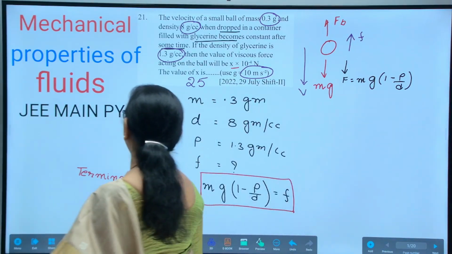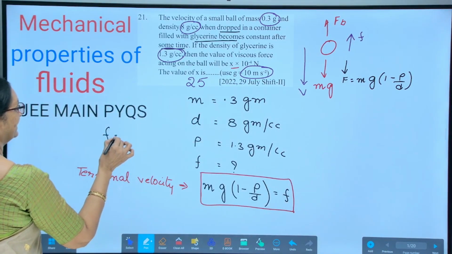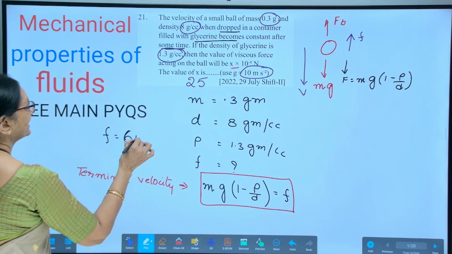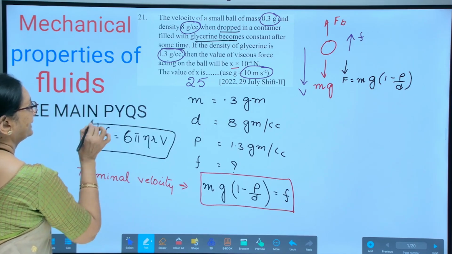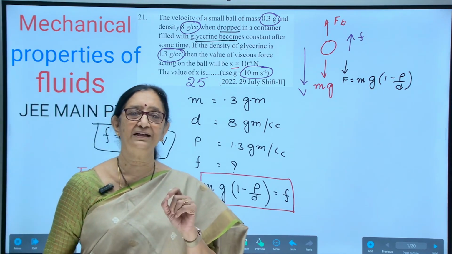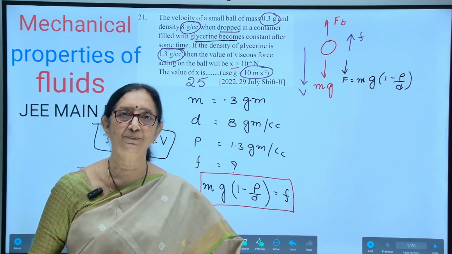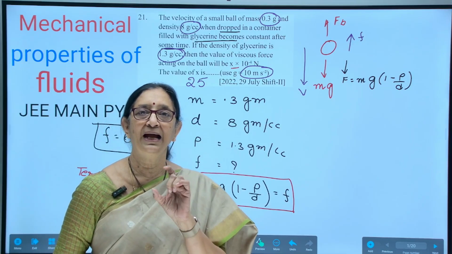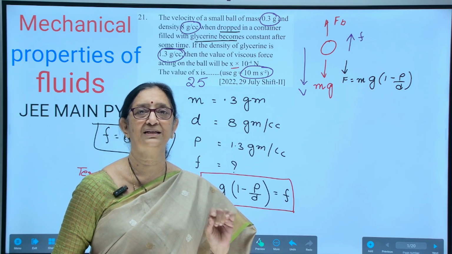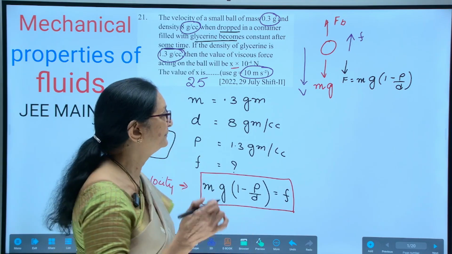See, actually viscous force is F equal to 6 pi eta R V, where eta is the coefficient of viscosity of the fluid in which the object is travelling, R is the radius of the object and V is the terminal velocity or constant velocity.